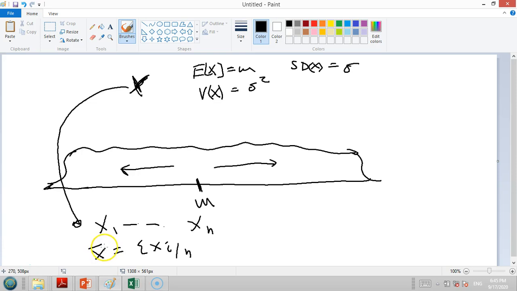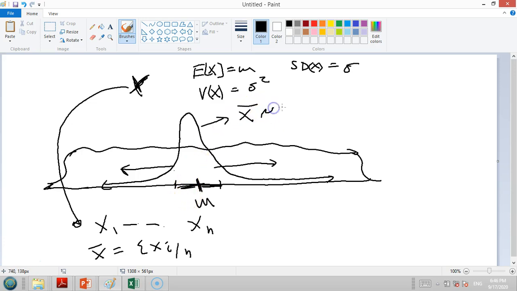I can get all possible values for x bar, or what it could be. Obviously, if the sample is very big, x bar will be very, very tight around the mean here. So I'll have high probabilities of getting numbers of x bar. This is the distribution of x bar.